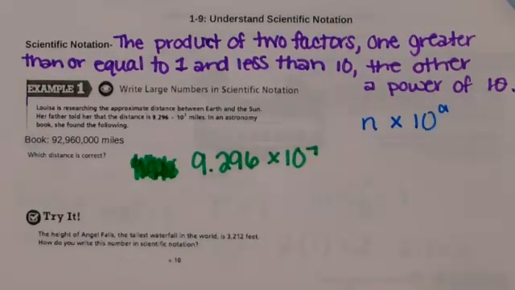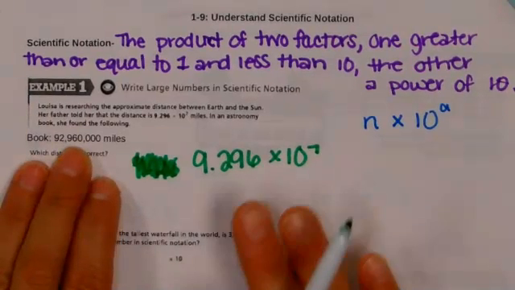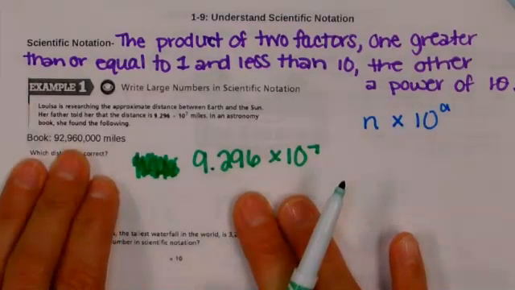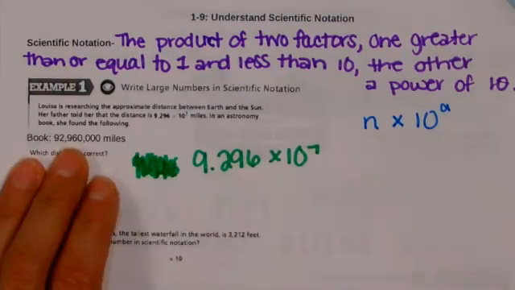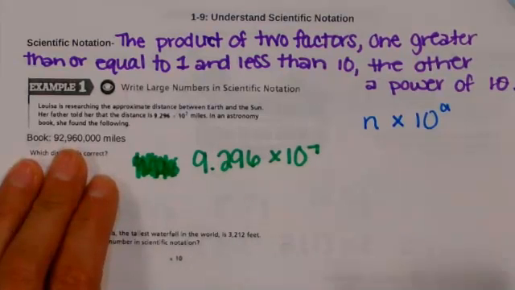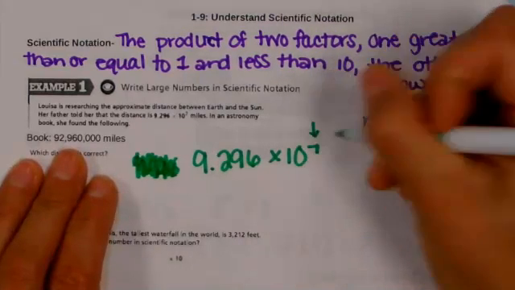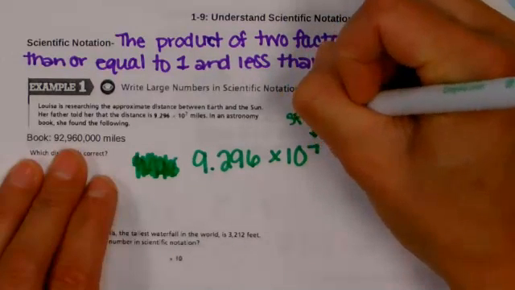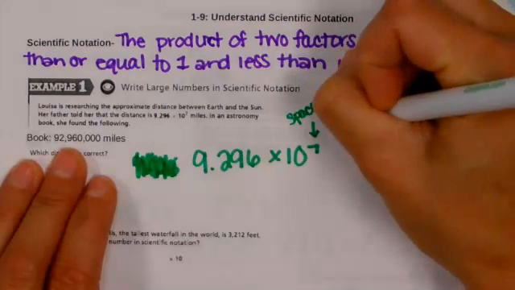Well, first of all, we have to compare the distances. And if one is in standard form and one is in scientific, then we have to take one out to match the other. So I'm going to take the one in scientific and I'm going to write it in standard. So this 7 right here tells me how many spaces to move the decimal.